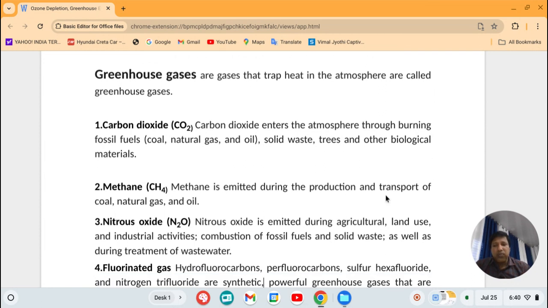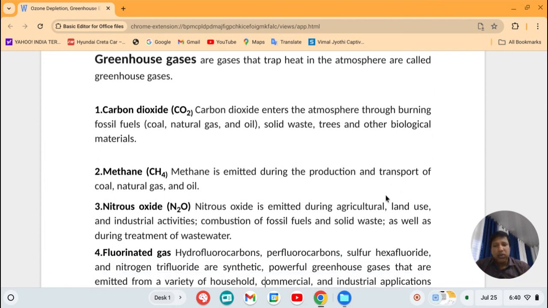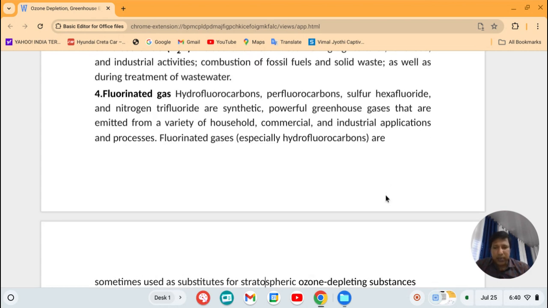Then you have one more, fluorinated gas. Hydrofluorocarbons, perfluorocarbons, sulfur hexafluoride and nitrogen trifluoride are synthetic powerful greenhouse gases that are emitted from a variety of household, commercial and industrial applications and processes.